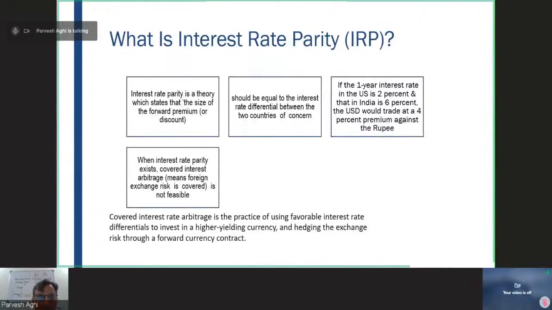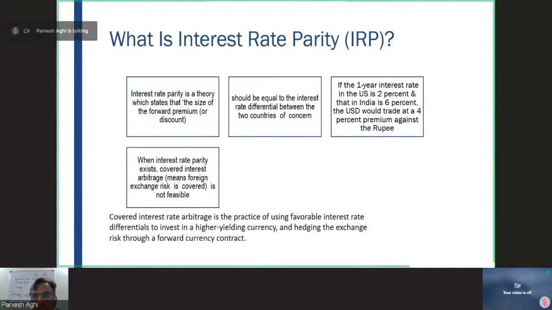Okay. Now, if this theory actually plays out in reality, then there is no business of arbitrage. Then there will be no arbitrage which can happen. Okay. Otherwise, if the US dollar is not trading at a 4% premium, then the arbitrageurs will step into the market.